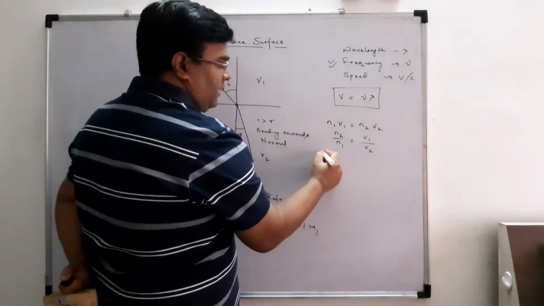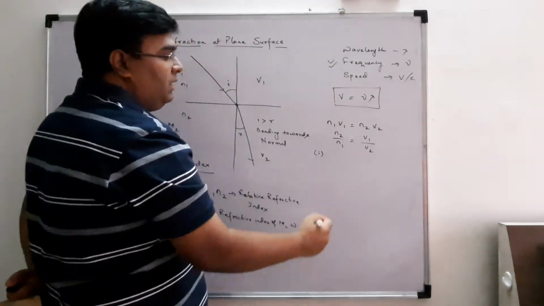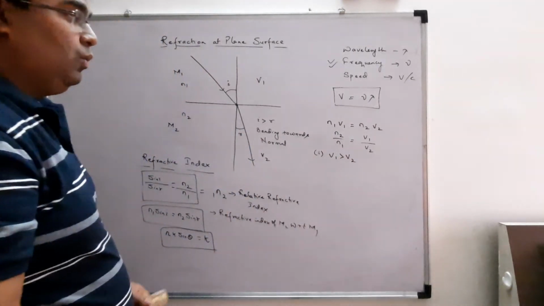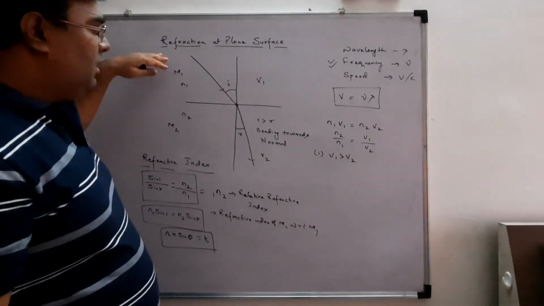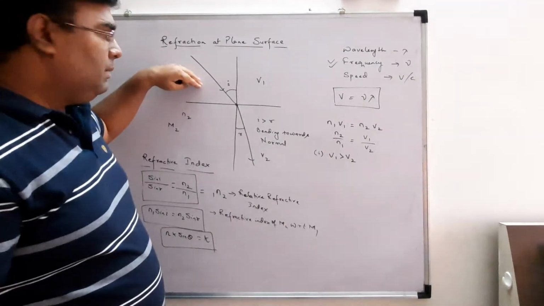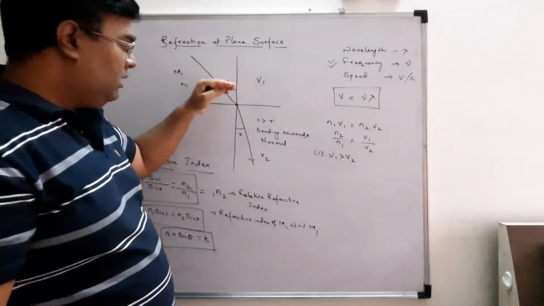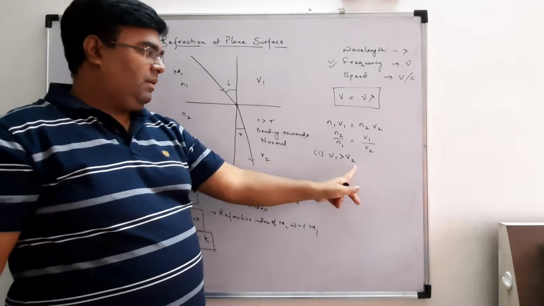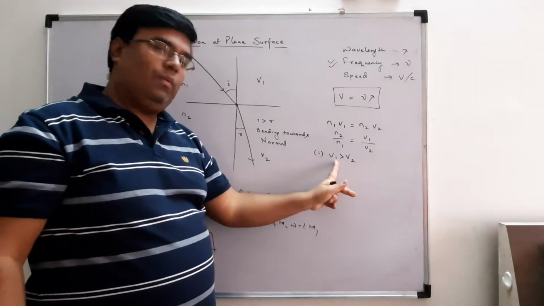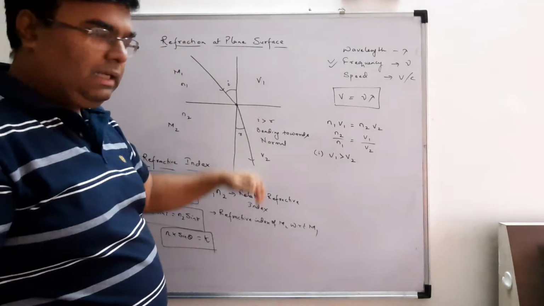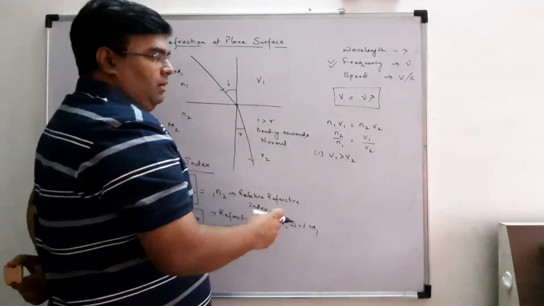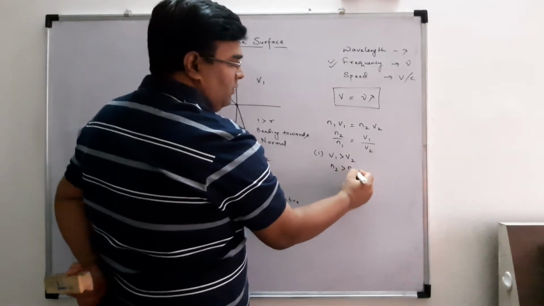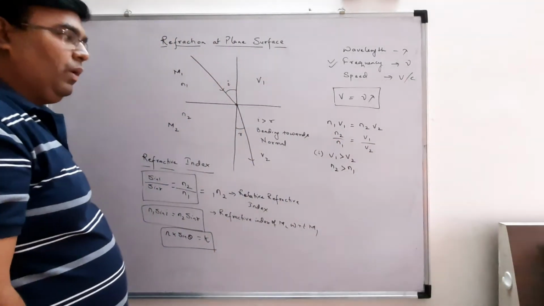Now let us take some cases. Case 1, when v1 is greater than v2. What we are saying is that when light is traveling with some speed v1 and enters another medium and the speed decreases, v2 is lesser than v1. So by this ratio we can say that n2 is greater than n1.